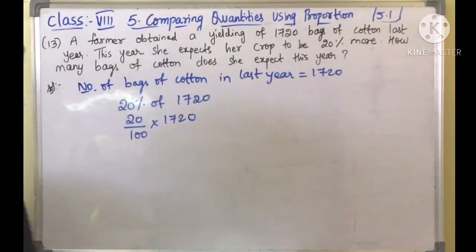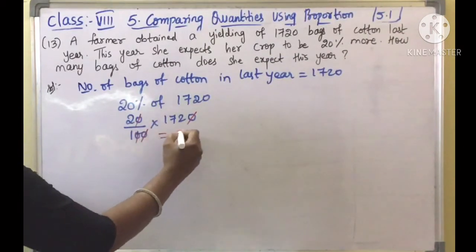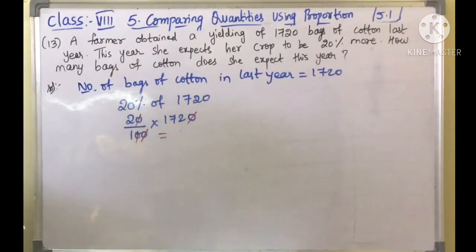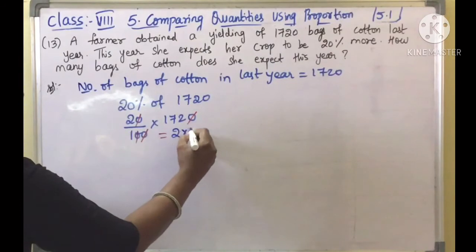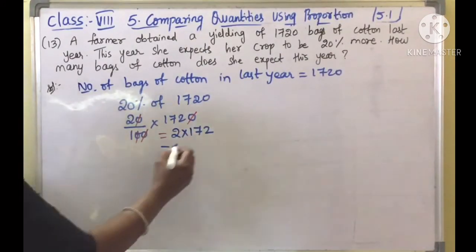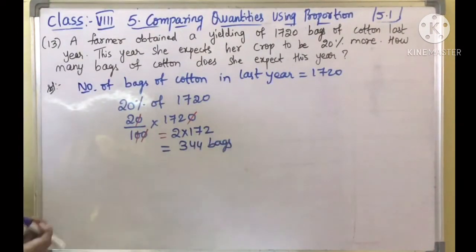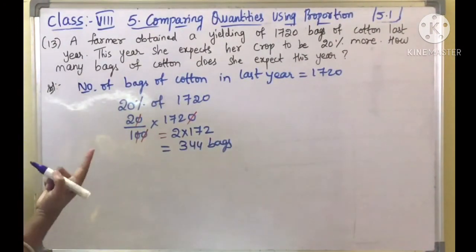So when you do cancellation children, here 0 0 gets cancelled. So you got here 2 into 172. So 2 into 172 is how much? 344. Means she is expecting 344 bags more than last year.